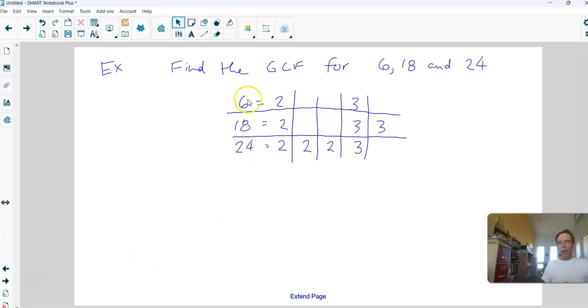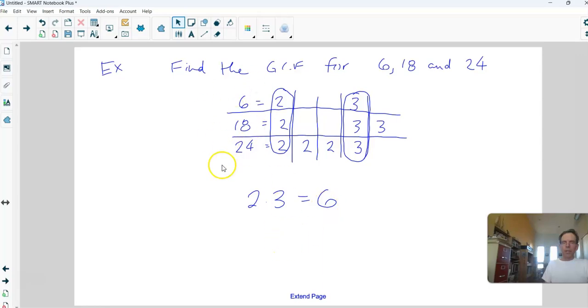How about the one that had 3 numbers? We can get the GCF for 3 numbers easily. You create the table, and you look for full stacks and you circle them. So there's a full stack of 2s. There's a full stack of 3s. And that's it. So the GCF, the greatest common factor, is 2 times 3, which is 6.